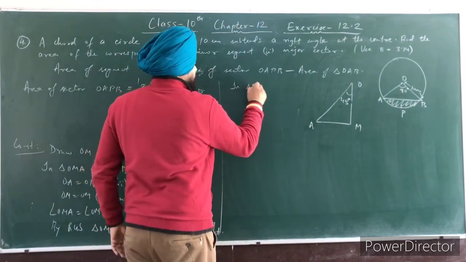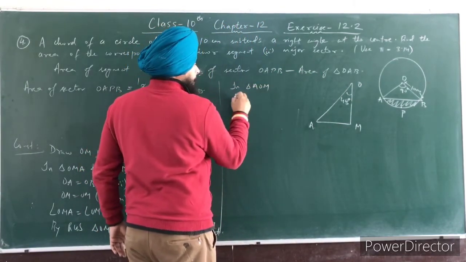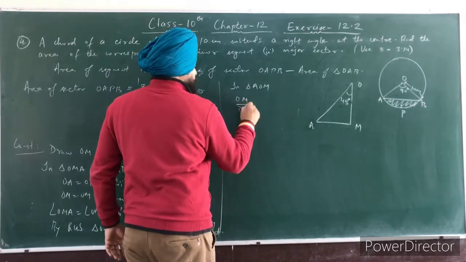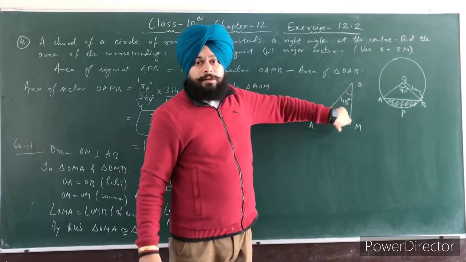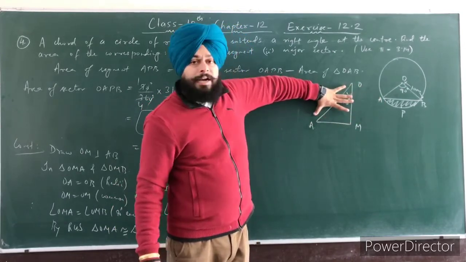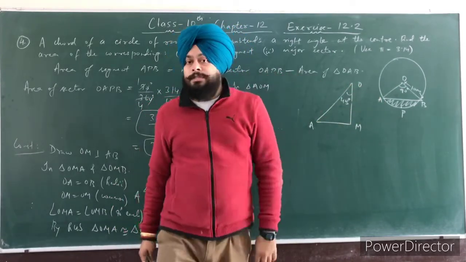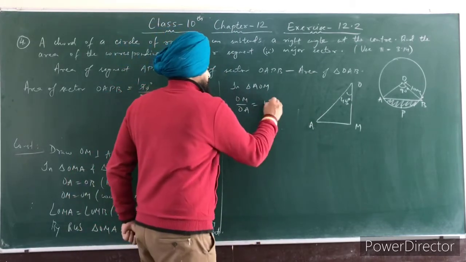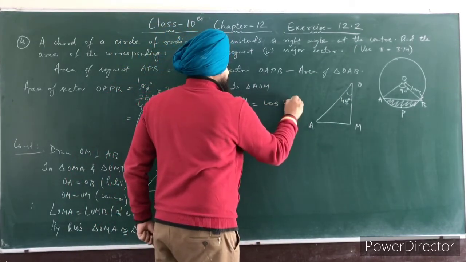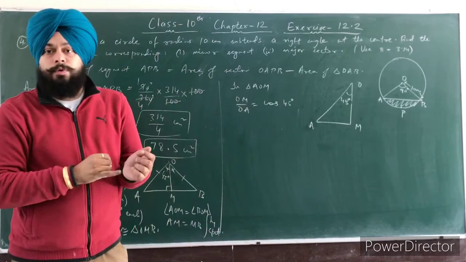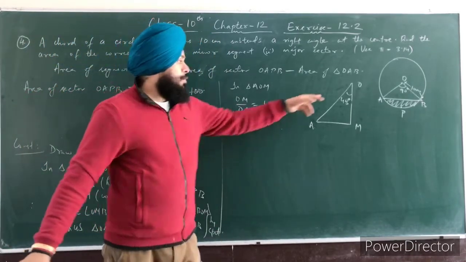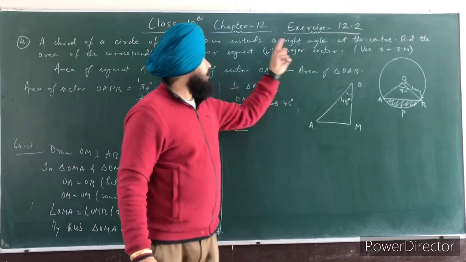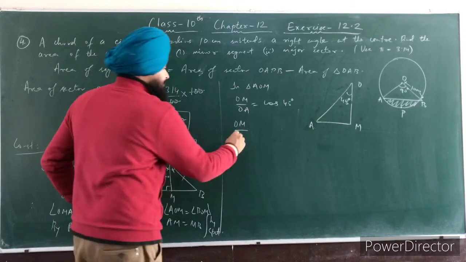In triangle AOM, OM over OA: OM is the base and OA is the hypotenuse. Base over hypotenuse is cos theta. Theta is 45°, so OM over OA is cos 45. OA is the radius of the circle, which is given as 10 centimeters.